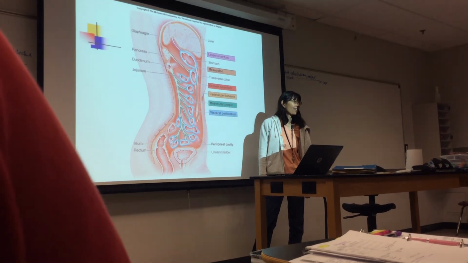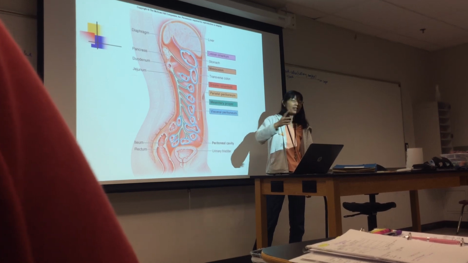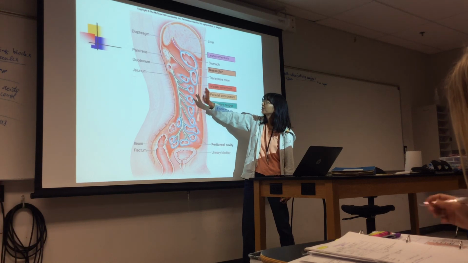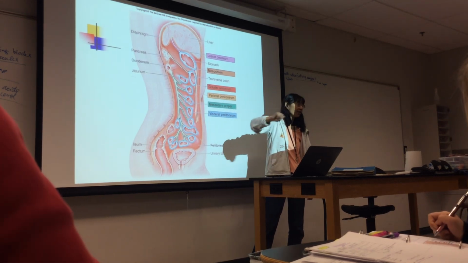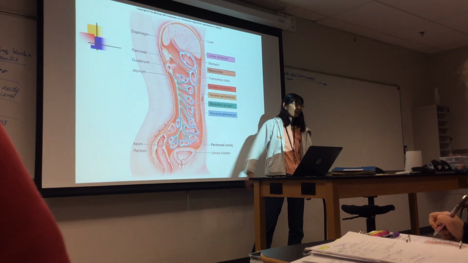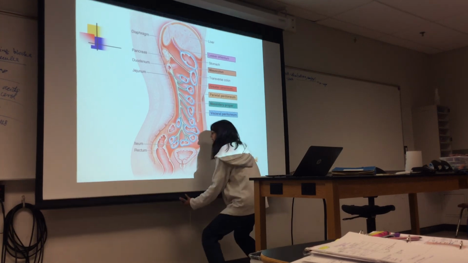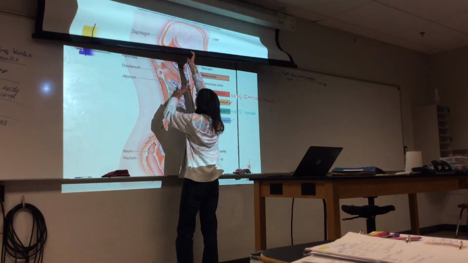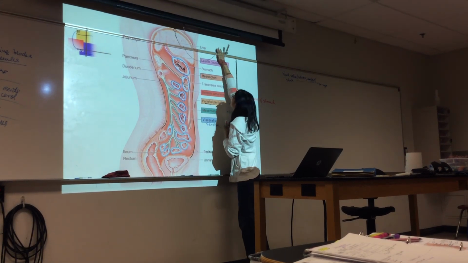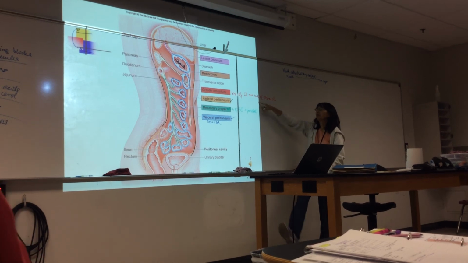So the greater omentum is actually how many layers? 4. 2 coming down, 2 going up. 2 and 2 is 4. It's actually 4 layers. So we did greater omentum: visceral of the large intestine to the visceral of the stomach.